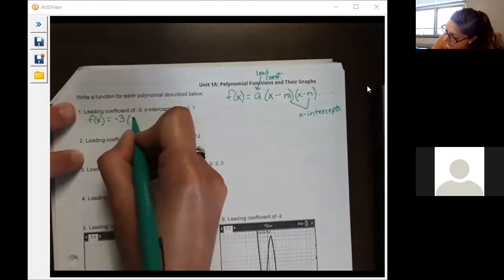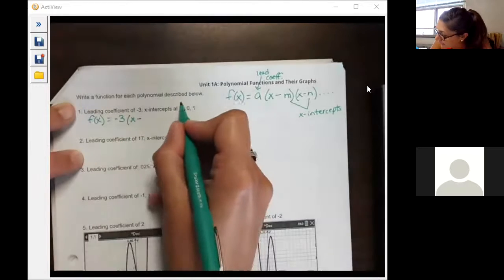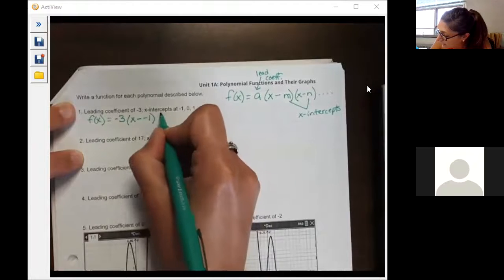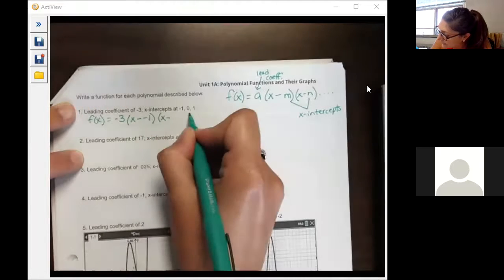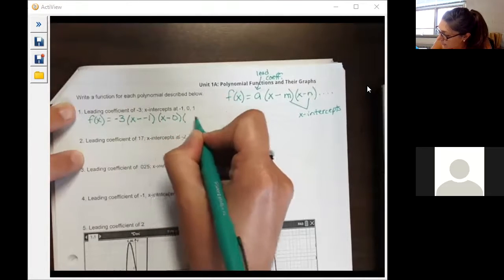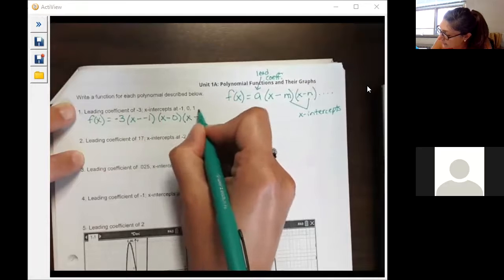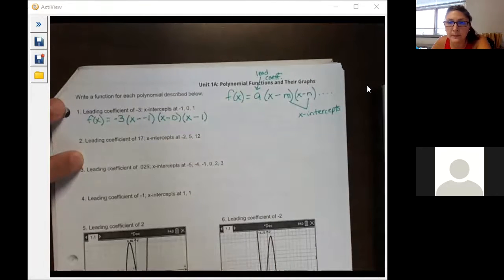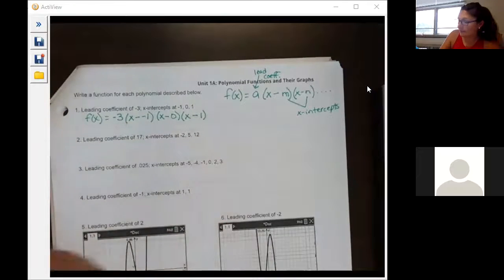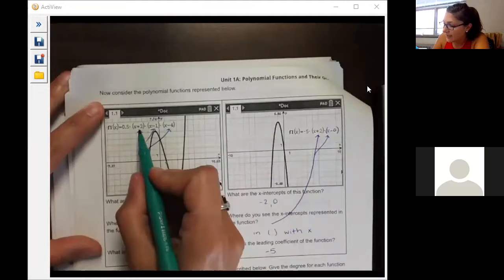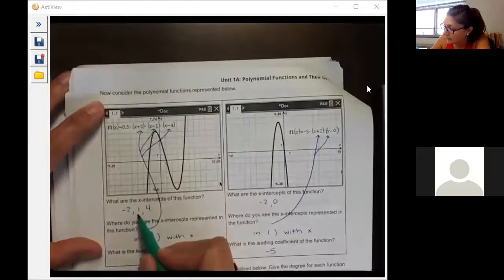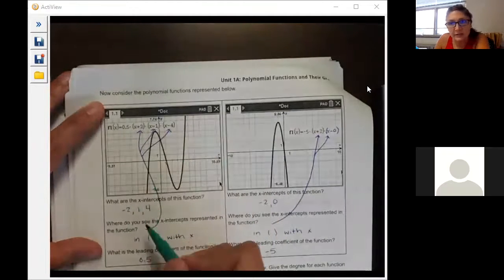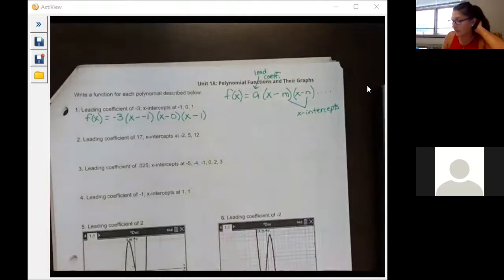And then x minus -1, x minus 0, and x minus 1 is our last x-intercept there, okay? I'm using minus signs in here because if you notice from our notes problem, these signs were opposite our x-intercept values. And so if I default to subtraction, those signs will work themselves out the way that they're supposed to be.